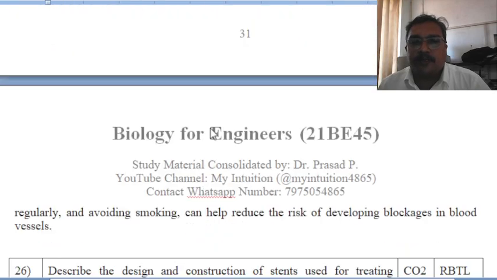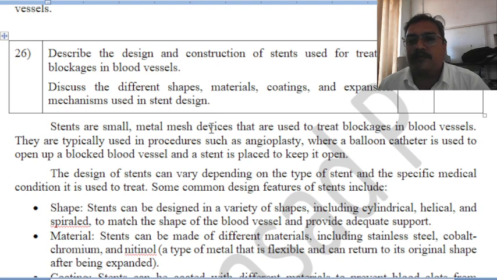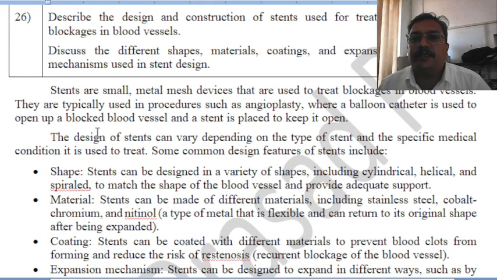Now, coming to the next question: describe the design and construction of stents used for treating blockages in blood vessels, or discuss the different materials, coatings and expansion mechanisms used in stent design. The stent is usually made to avoid or remove the blockages present in the blood vessels, mainly in the heart blood vessels.